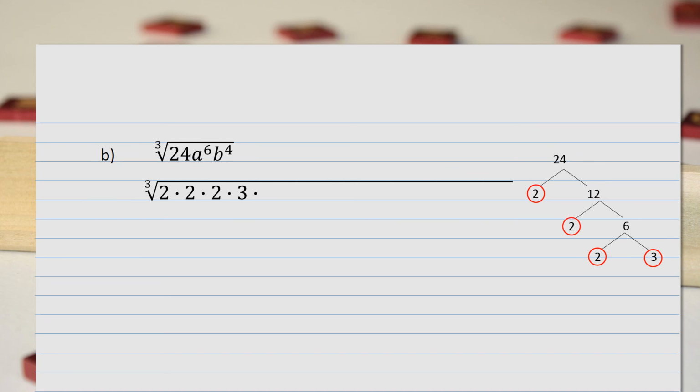For a to the 6th, we will expand that. And then for b to the 4th, we will expand that. Now that everything is listed under the radical, let's turn our attention to the index. The index says we need 3 of the same value for the set to come out. Take a moment now to find your sets.